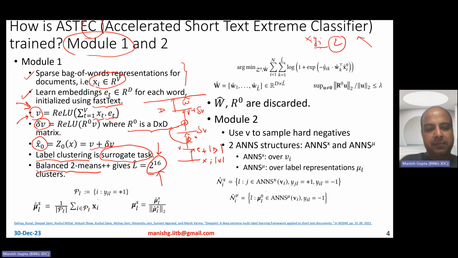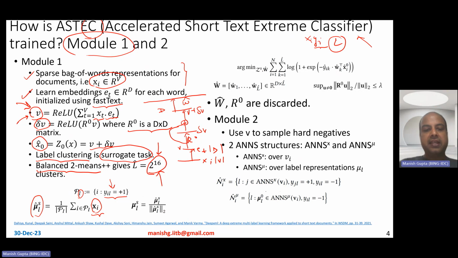Now, how is this 2 means clustering done? For all the data points, you take xi and you come up with label representations. So if you have a label L, you take all of those points where label L is relevant. You take their averaged representation.